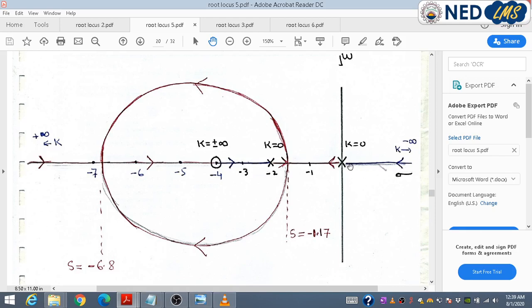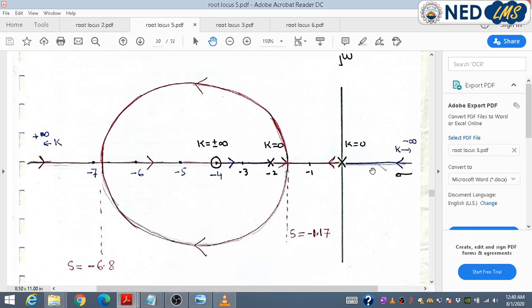So at each and every value of k, one root will be in the right side of the S-plane, and one root will be on the left side of the S-plane. Therefore the presence of one root in the right side makes the system unstable. Therefore we can say that the system is unstable for all negative values of k.